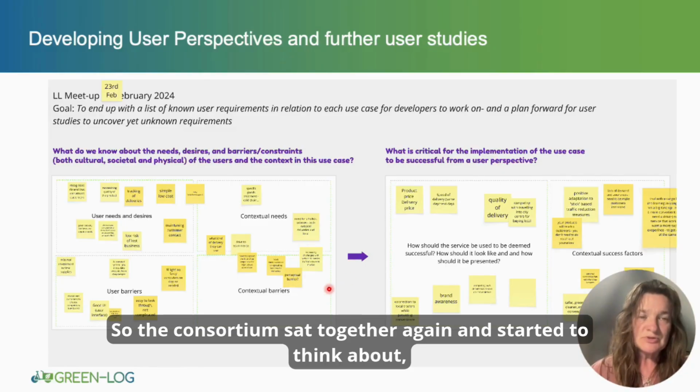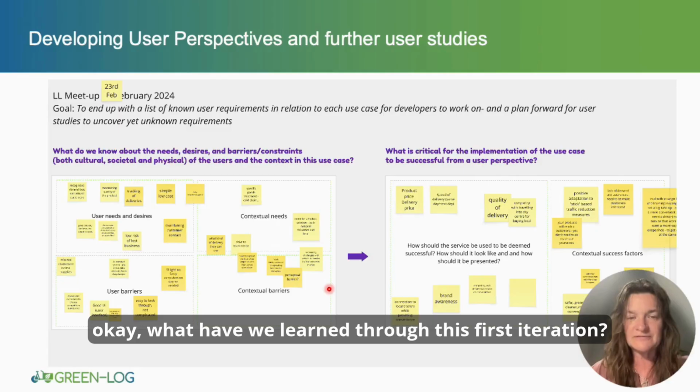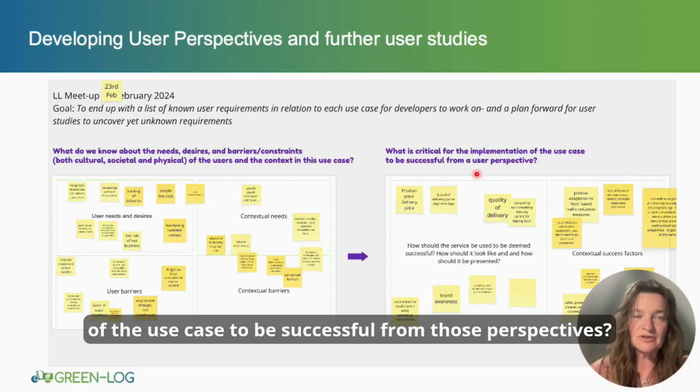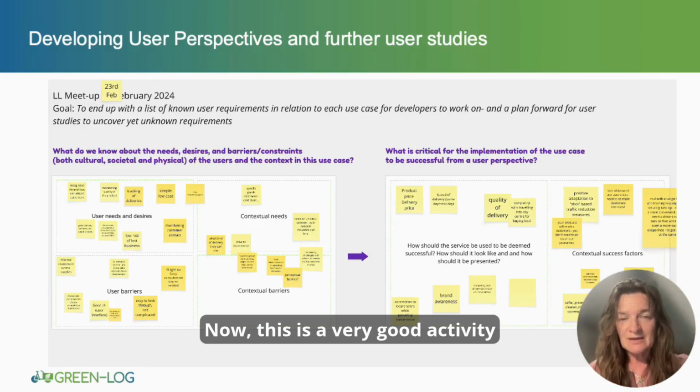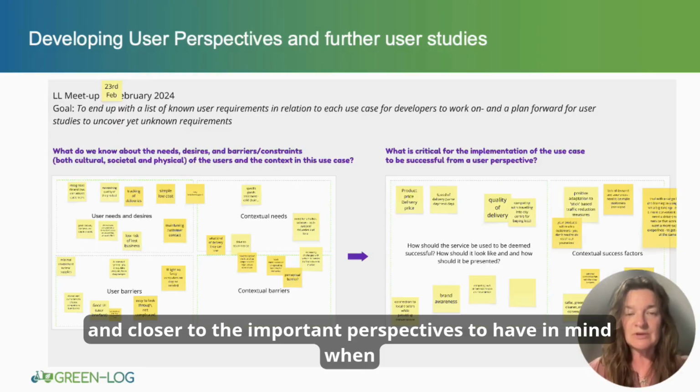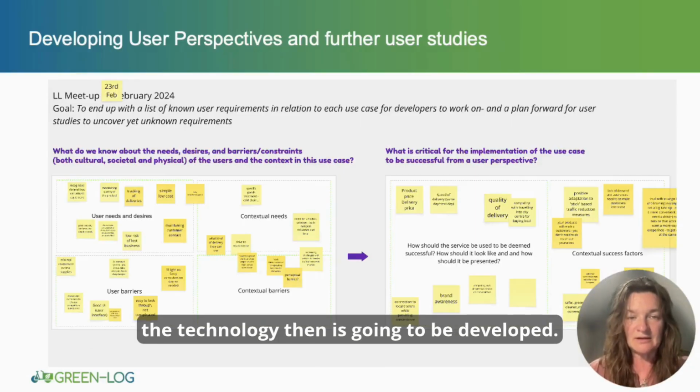So the consortium sat together again and thought about what we have learned through this first iteration, and what is critical for the implementation of the use case to be successful. This is a very good exercise that pulls us closer to the important perspectives to have in mind when the technology is developed.